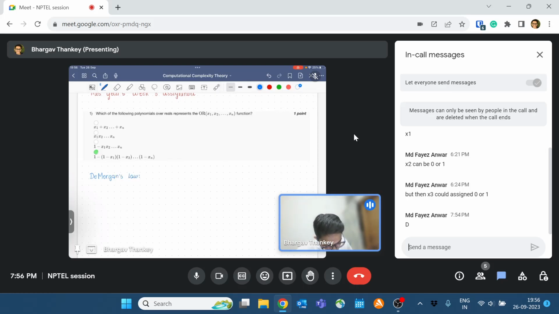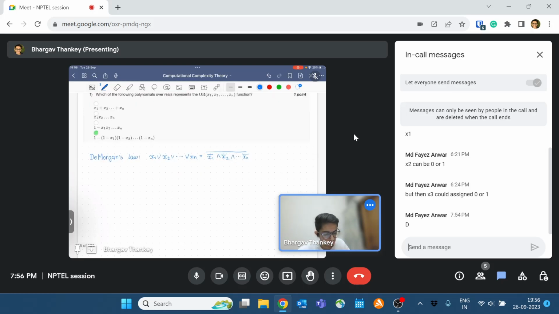One of De Morgan's laws says this: x1 or x2 or up to xn is the same as the complement of the AND of the complements. We'll use this law. Now, let me write.